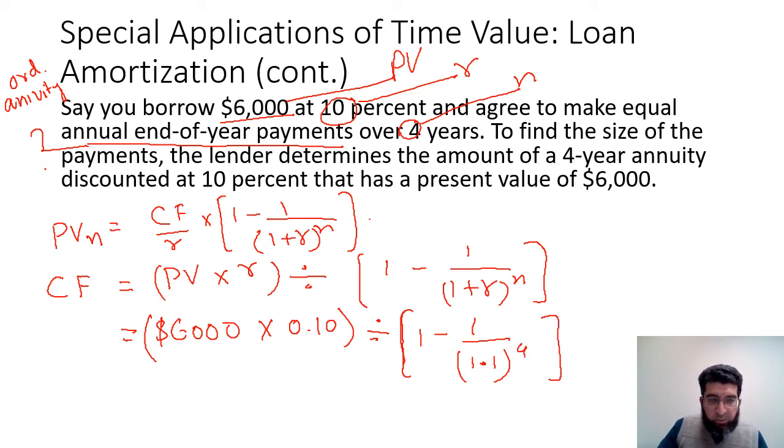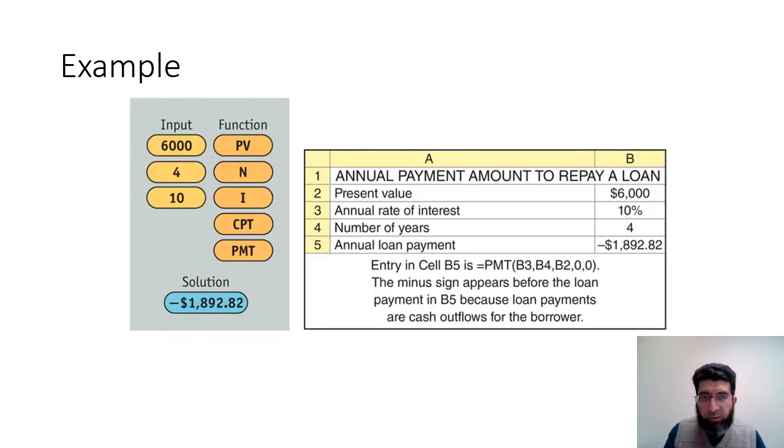This will give us a cash flow of $1892.82. Now we can use this amount to construct an amortization schedule, which is given in the next slide.